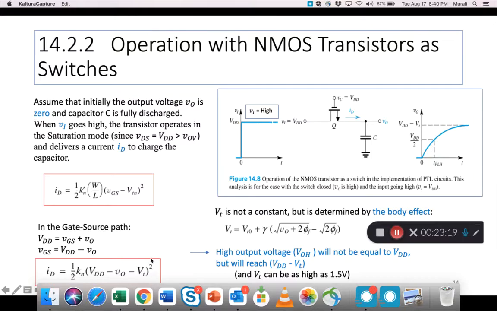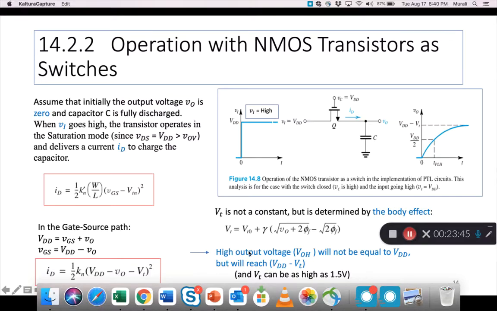Now, one of the issues is that VT is not a constant, but it is determined by the body effect. We studied body effect briefly, I think last week or a couple of weeks ago, and we know that VT, which is not constant, follows this formula, and this phi and this gamma are new things that we are introduced to. But knowing VT, you can then solve for ID.